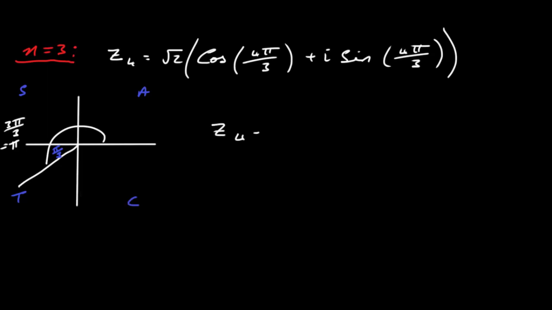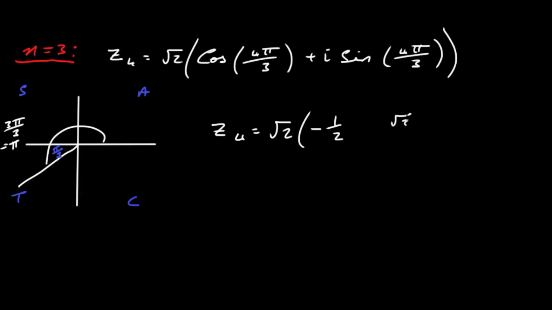Okay, so let's do that. So Z4 is equal to square root of 2 times the cos of pi over 3. The cos of pi over 3 is equal to a half. It's the same as the cos of 4 pi over 3. However, cos is negative in the third quadrant, so it's going to be minus a half here. Now let's do sine. So sine of 4 pi over 3 is going to be the same as sine of pi over 3. So sine of pi over 3 is root 3 over 2.